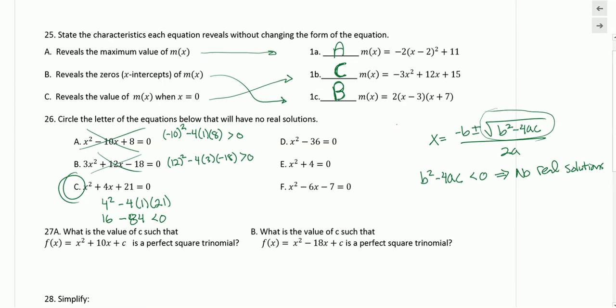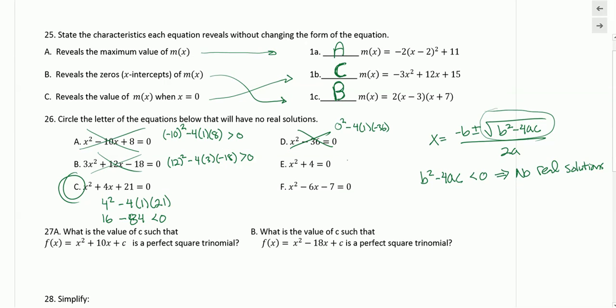Part D, notice there's no middle term, so b is 0. So it would be 0 squared minus 4ac. And we got this double negative with the negative 4 times the negative 36, which makes it positive, and so no worries about that one.